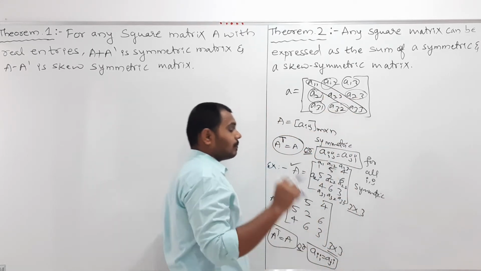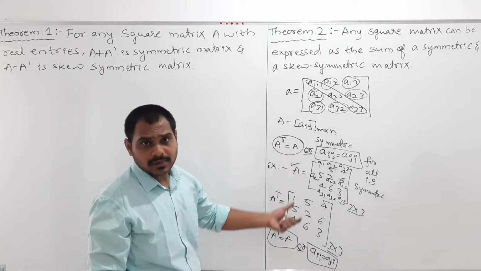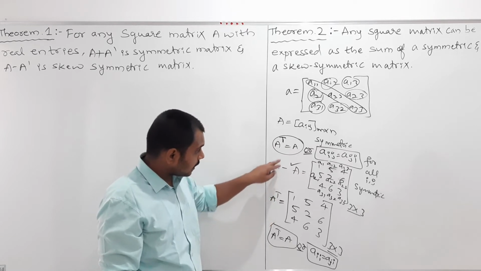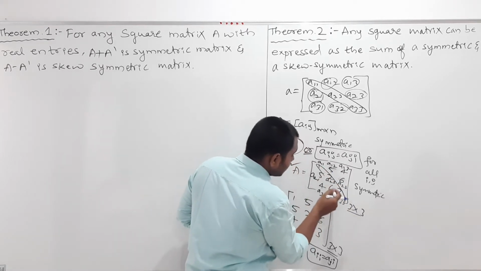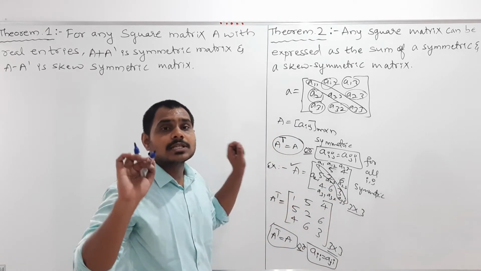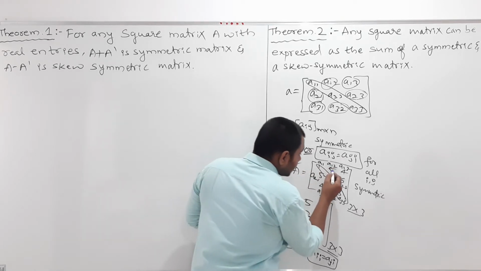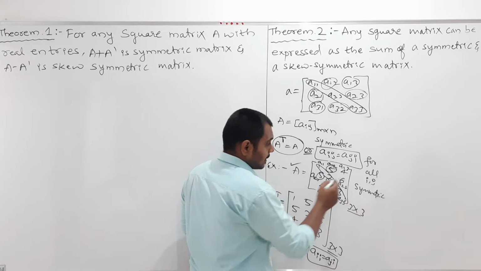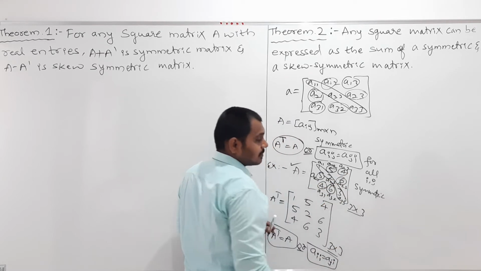So therefore, my dear students, if we have any matrix, except the diagonal, I am not talking about the diagonal elements, I am simply talking about the non-diagonal elements, this place element and this place element must be the same, this place element and this place element must be the same, this place element and this place element must be the same.